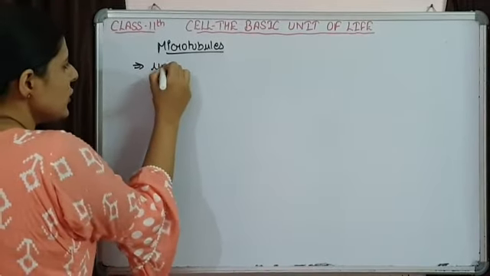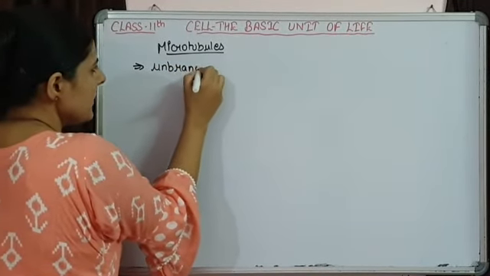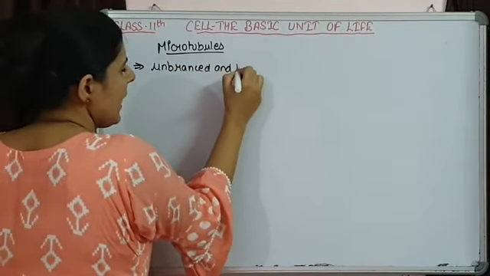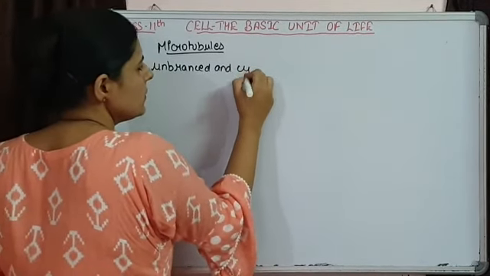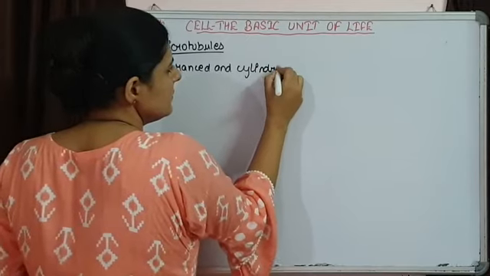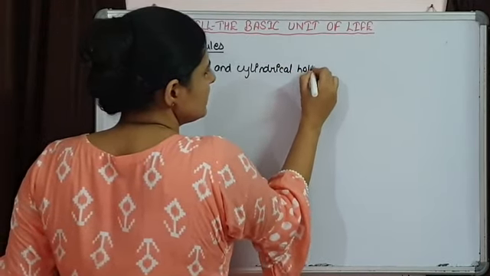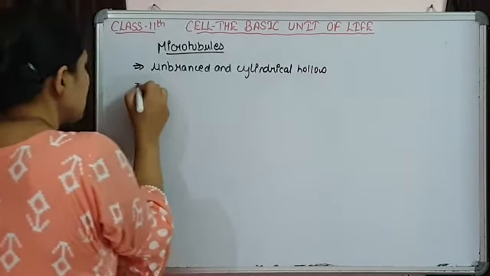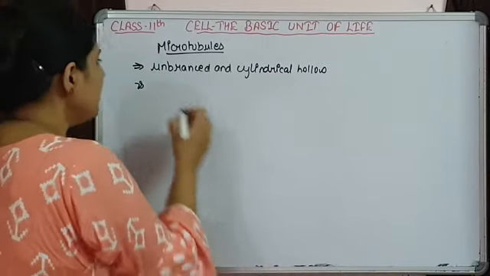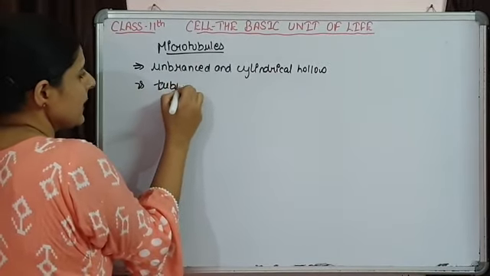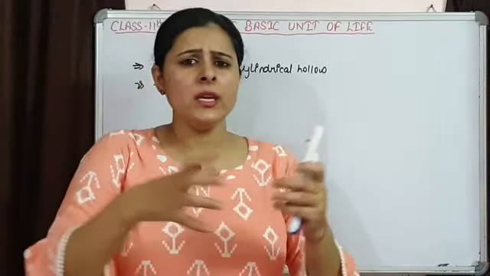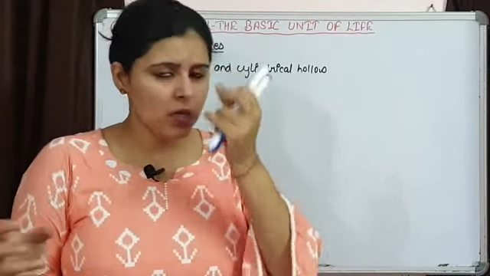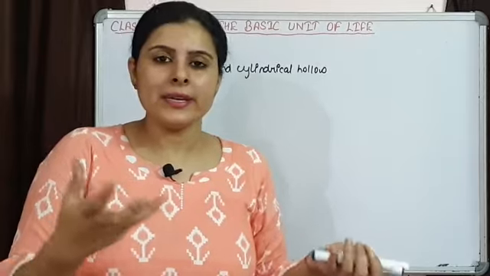So these are going to be unbranched and hollow, cylindrical and hollow. They are made up of a protein named tubulin. Plus their length is going to, it can decrease or it can increase.